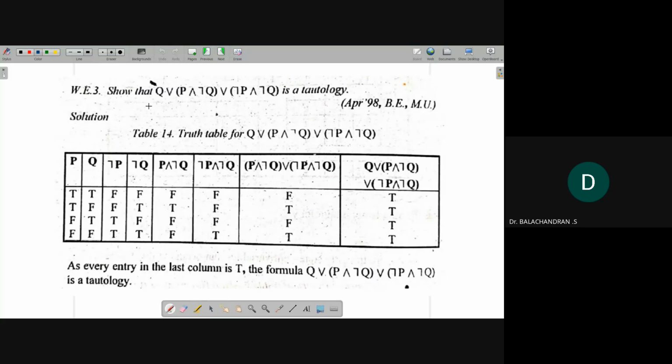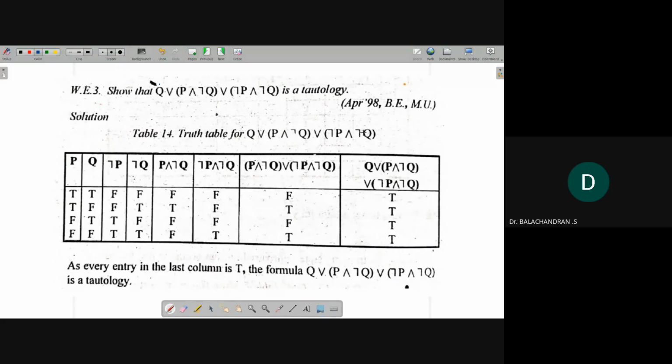So show that Q or (P and Q) or (negation P and Q) is a tautology. It has only two variables. So first you should write P, Q, and then negation P I need, negation Q also I need, and then P and negation Q, negation P and negation Q, and then this portion. Or you can write this portion first and then finally write the whole.